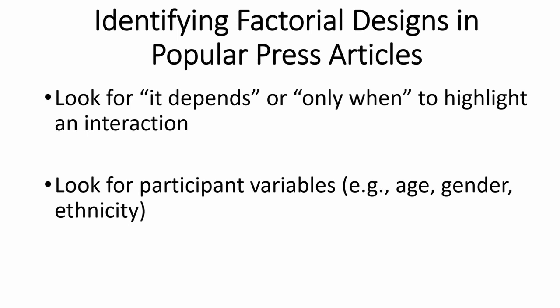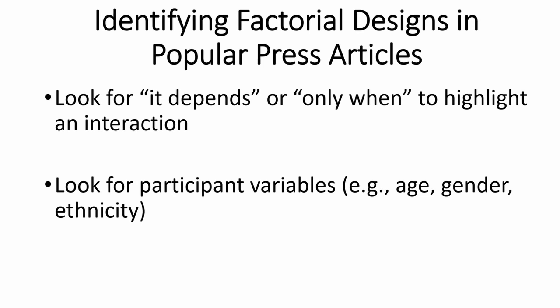So you're not going to see them refer to a 2 by 2 factorial design. Instead, you're going to have to look for some keywords. If you see things like "it depends on a particular situation" or "you see this interaction only when," that's usually indicative of a factorial design.